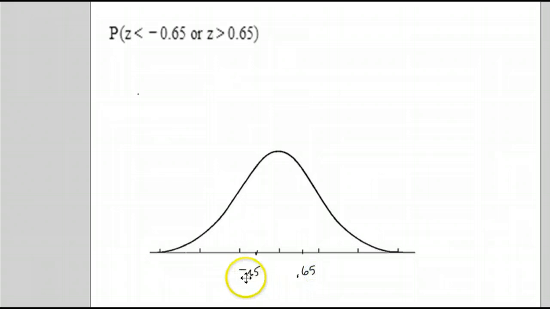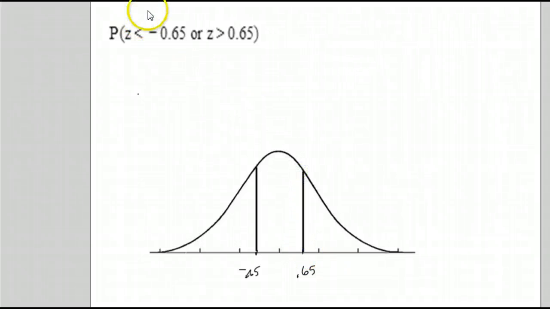But if you look carefully, this is saying less than this number or greater than this number. Less than this number is this way, and greater than 0.65 is this way. So we're not finding the area between them this time. We're finding the area outside of those two numbers.